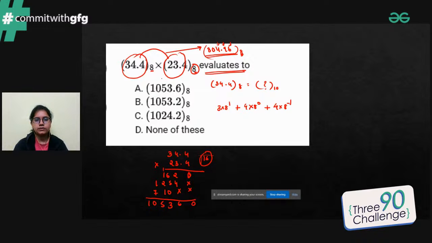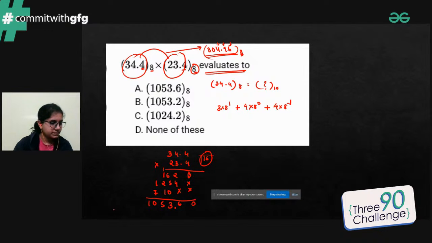And after 2 places the decimal is there, so we'll put the decimal like this. So this is also a better option. The students who cannot do it without conversion, the ones who find this difficult, they can do it with conversion also.